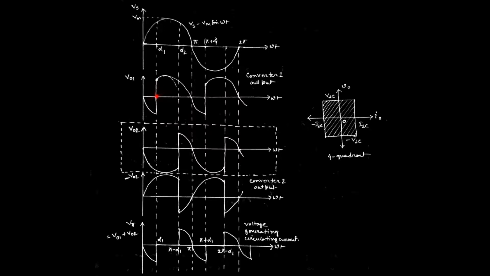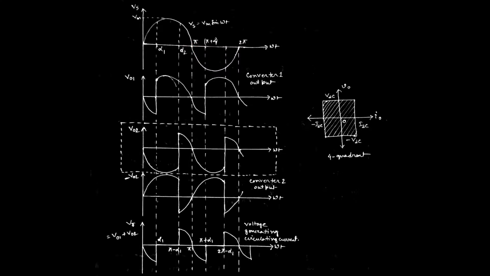When the thyristors are fired, the output voltage follows the input voltage, and the nature of the output voltage is similar to the nature of the input or supply voltage up to the point of alpha, and after that up to the point of pi.